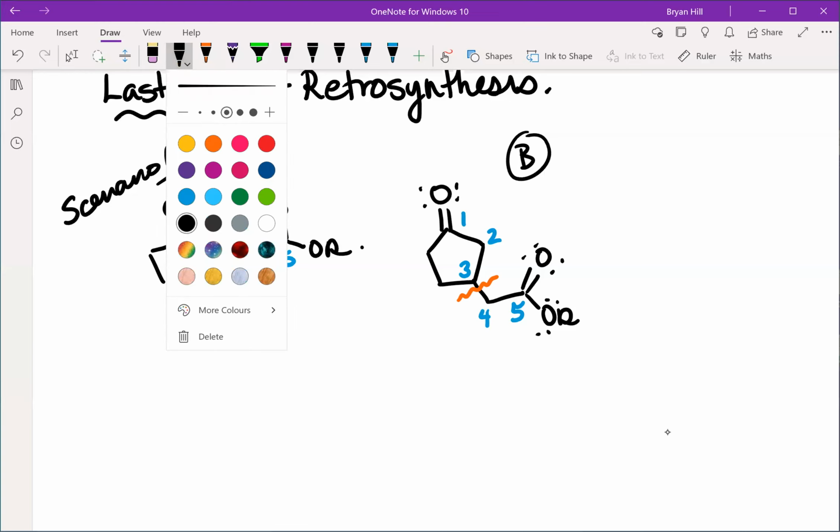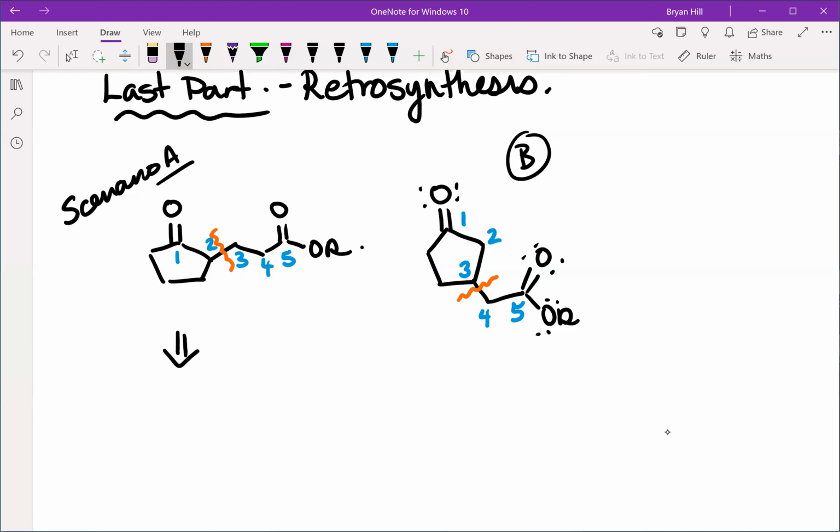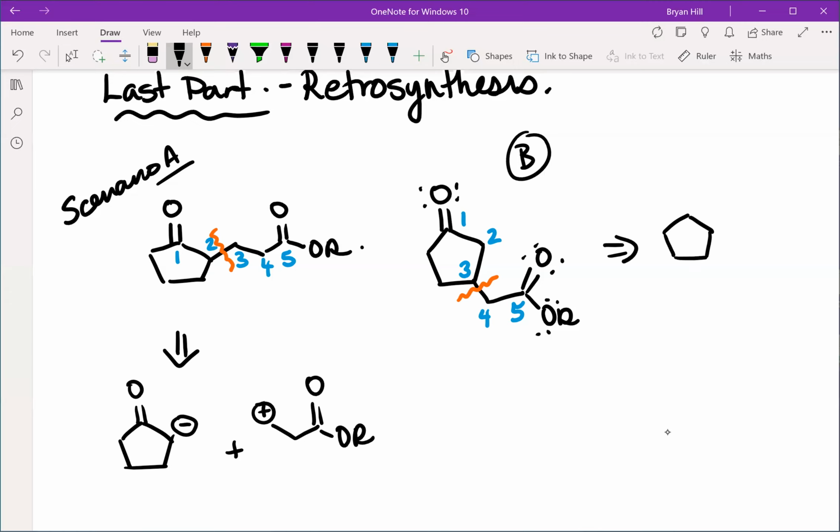And it's going to set up the idealized reagents here, this plus this, or this plus this.